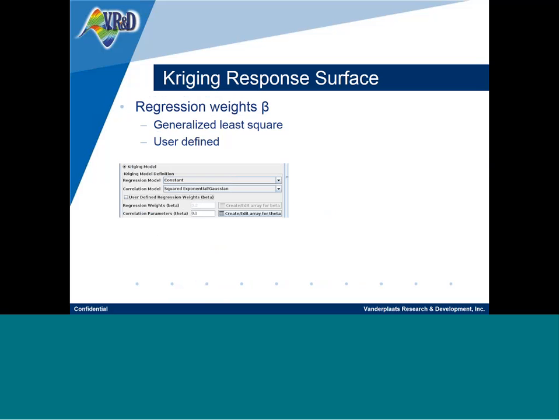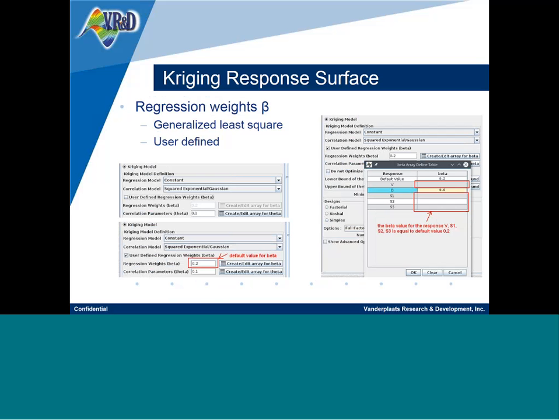You can also choose to provide the regression weights if you have that information. Then by clicking the user-defined regression weights checkbox, the text field of the regression weights will be active, and you can enter the default value for beta.